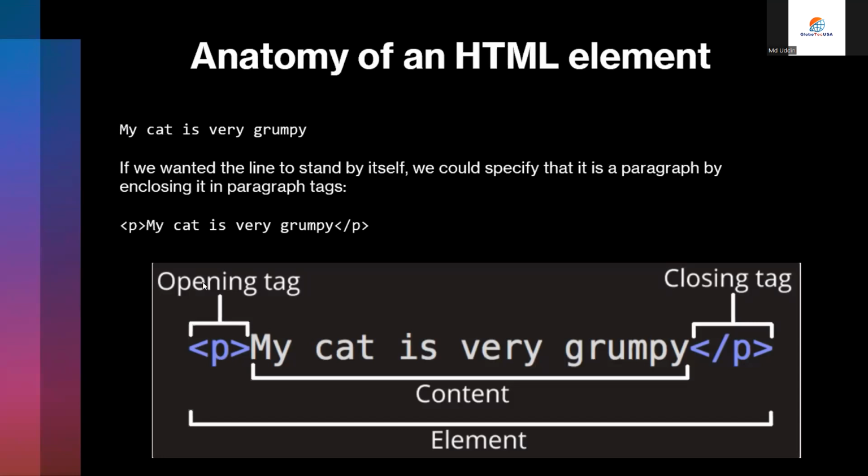So P is the opening tag, and my cat is grumpy is the content, and then P again is the closing tag. Altogether, this whole thing is an HTML element. Understand?